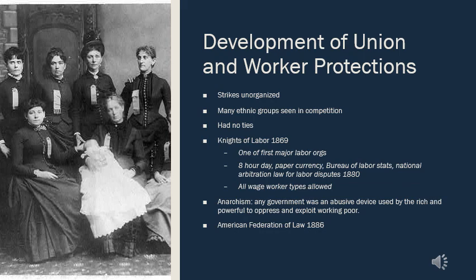And anarchism isn't maybe what you think it is, that A, the red A with a circle. You probably saw some kids in high school that wore that sort of anarchy symbol. Anarchism in the 19th century is a term to describe this idea that any government was an abusive device used by the rich and the powerful to oppress the poor and exploit the working poor.